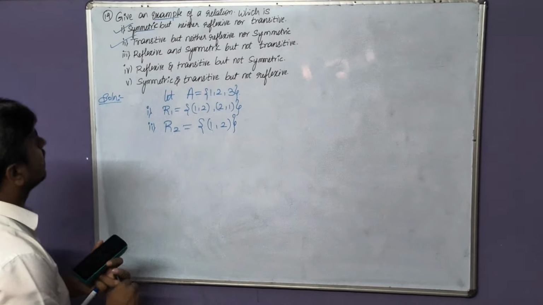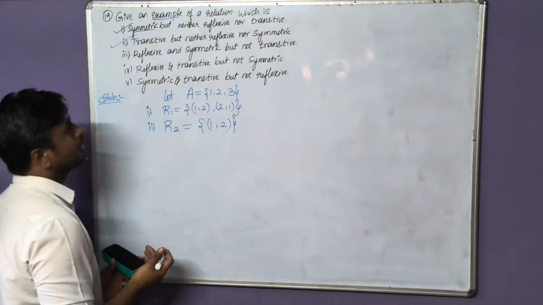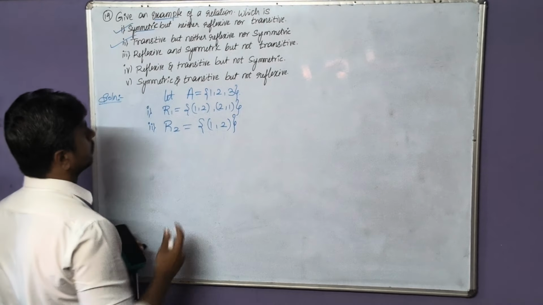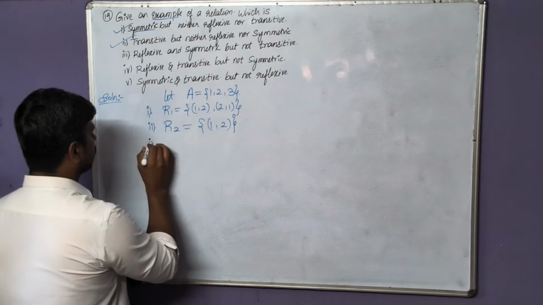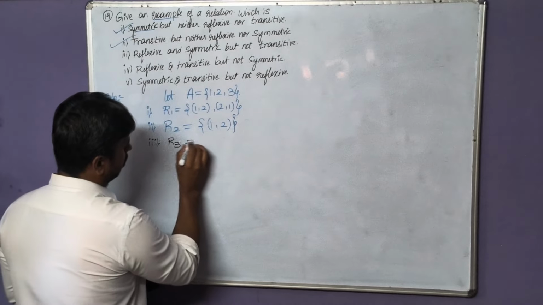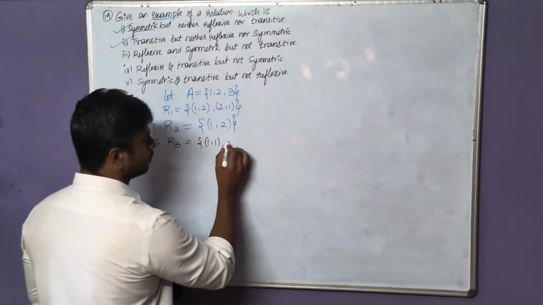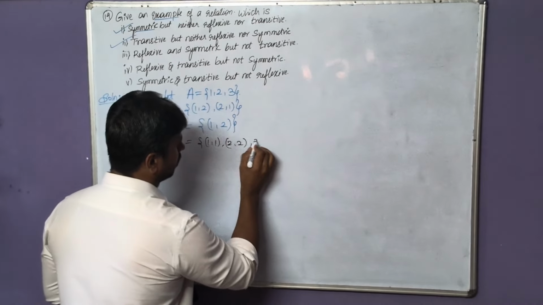What is the third sub-question? It has to be reflexive and symmetric, but it is not transitive. So what can we say for the third sub-question? Since it is reflexive, we should write all the identical ordered pairs. What are the identical ordered pairs for the given elements of set A? We can write (1, 1), (2, 2) and (3, 3). Okay, finish.